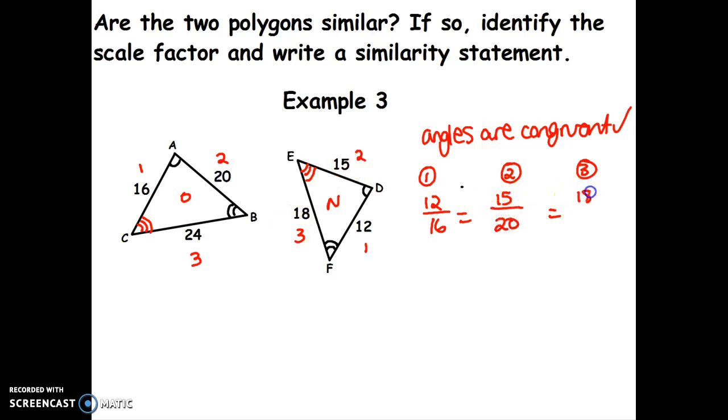And 3 would be 18 over 24. All right, so when we do our division, we end up getting 0.75, 0.75, and 0.75. So that tells us that the sides are proportional.